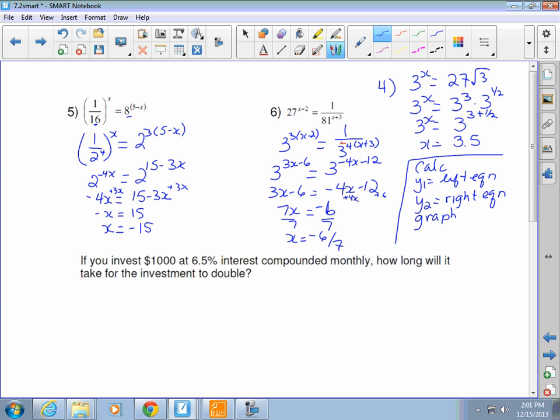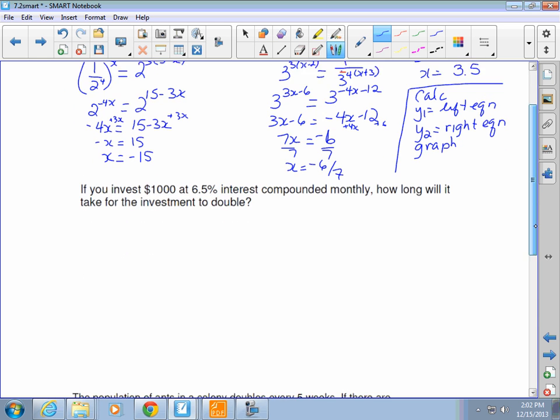Second trace, which is calc, and then do the intersect, and I think intersect is number 5. And then you do the y1 equal, or x equals, and then you hit enter, and then you move your cursor over, hit enter again, enter, and then it'll say guess, and then you hit enter and get your answer.